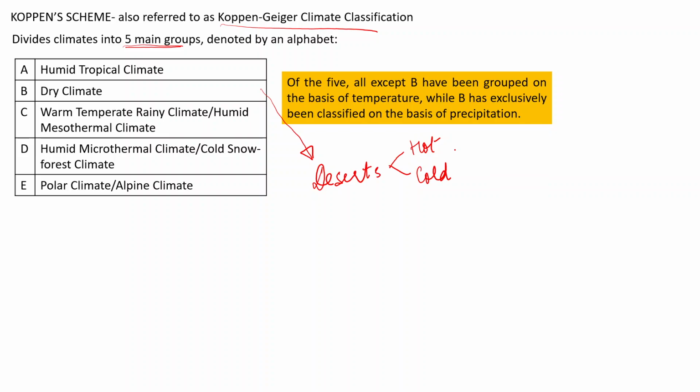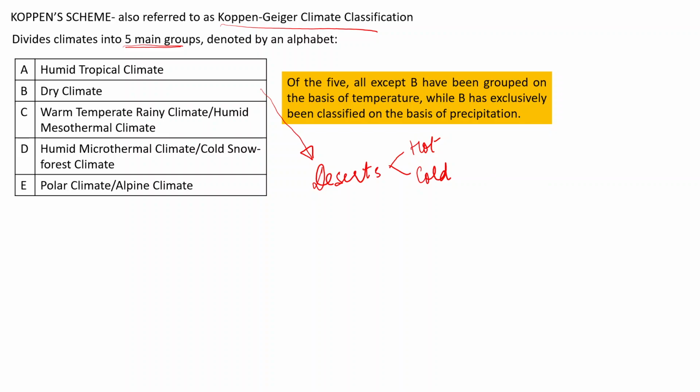Examples like the Thar Desert and Sahara Desert are hot deserts, while deserts like the Gobi Desert of Mongolia and Ladakh are cold deserts. They have extremely low temperature, but due to the lack of moisture, they do not have any vegetation. So they are very, very dry climates.